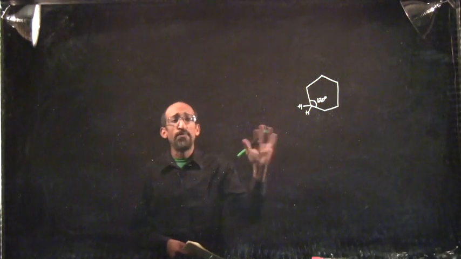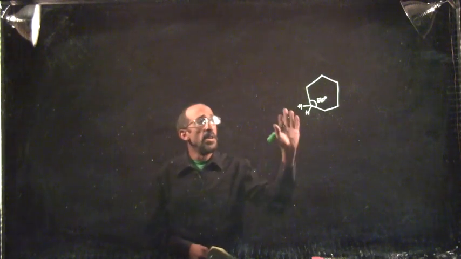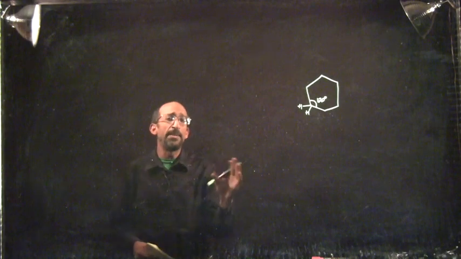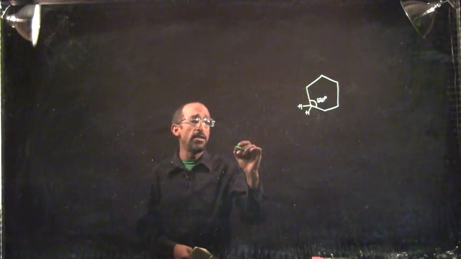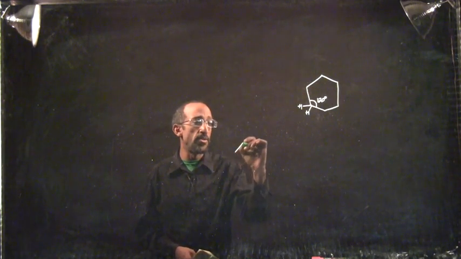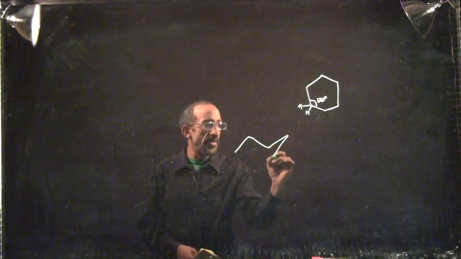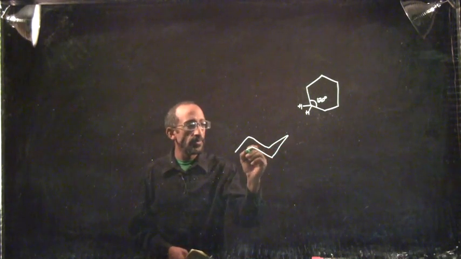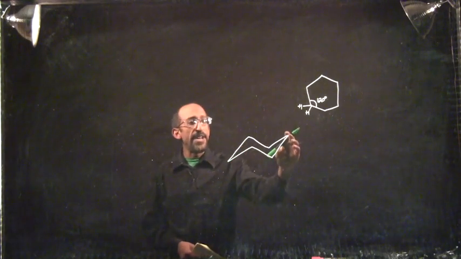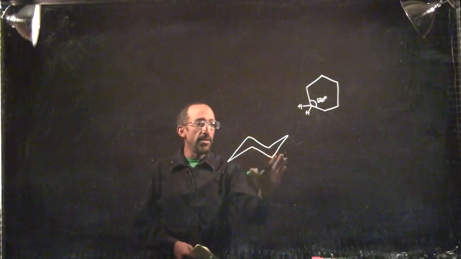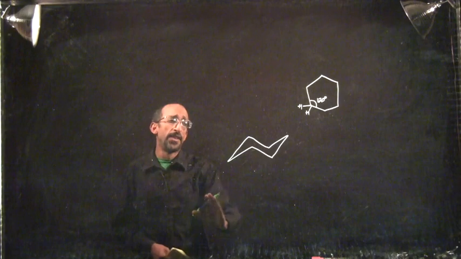And in fact, we'll see right now that it does adopt these 109-degree bond angles, because a six-membered ring can adopt a very special conformation that's known as the chair cyclohexane, or the chair six-membered ring, which in a perspective drawing looks something like this, where one of the carbon atoms sits above a plane for the other four, and one carbon atom sits below the plane for the other four.